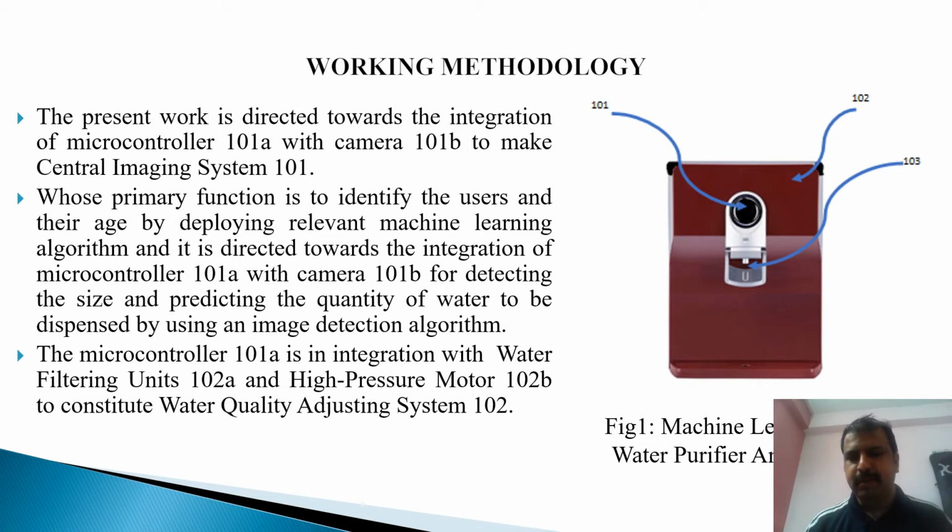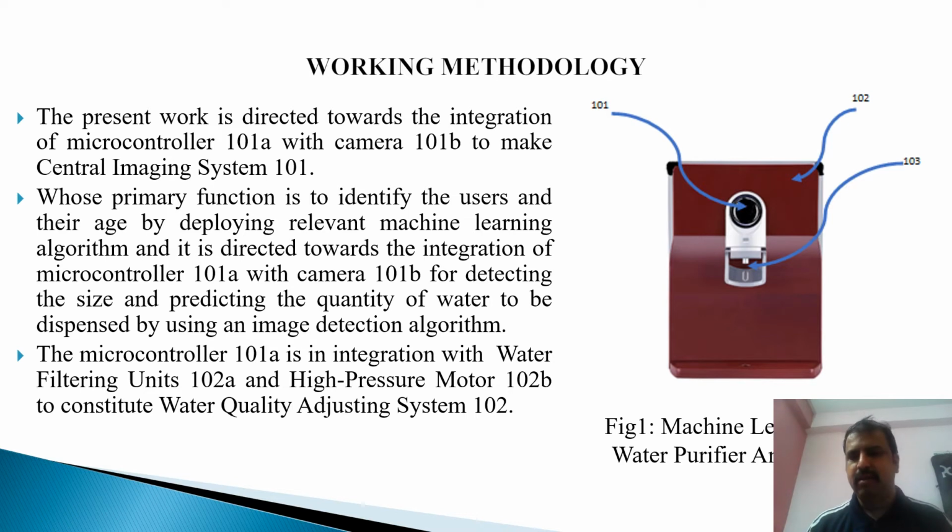Further, the central imaging system 101 identifies the tumbler size and shape, and based upon that it will decide how much quantity of water is to be dispensed. These are the two major contributions from the central imaging system.